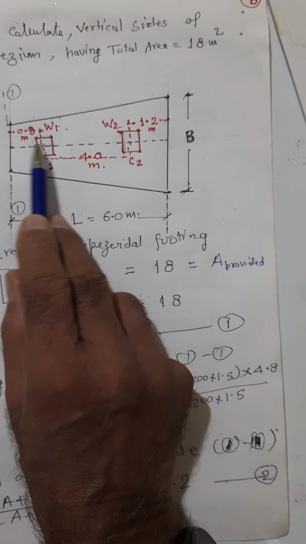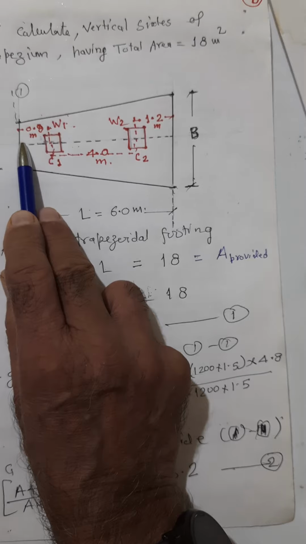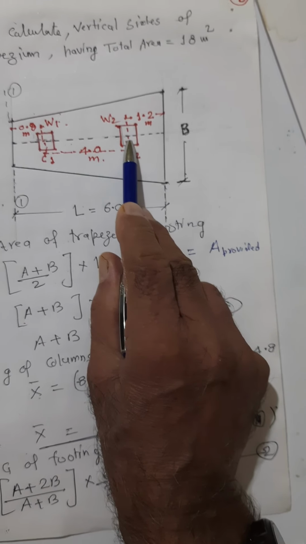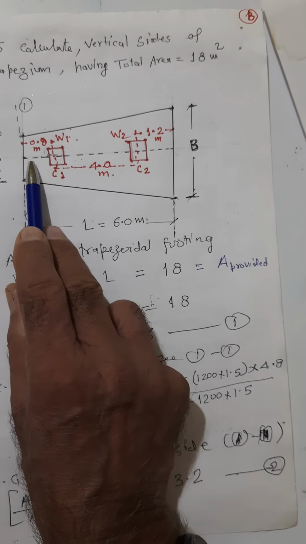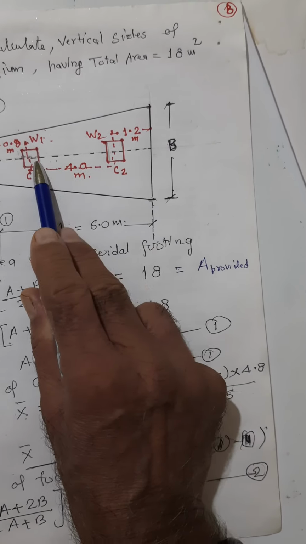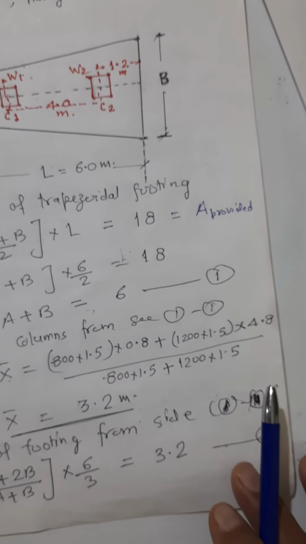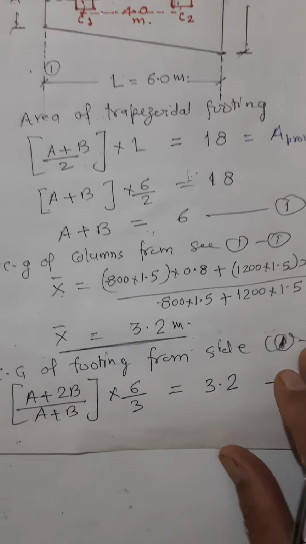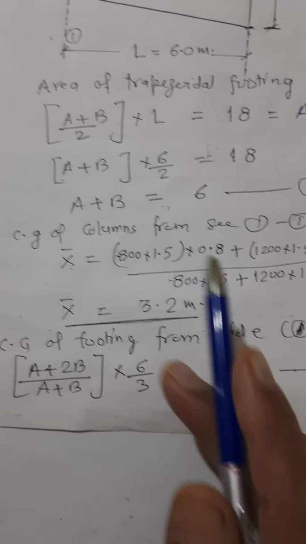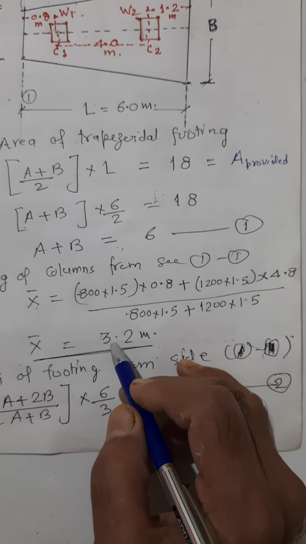That is W1 into 0.8, that is 800 into 0.8, plus 1200 into 4.8, divided by the sum of the two, that is 800 plus 1200. That will give the value of the CG, which we call X bar.